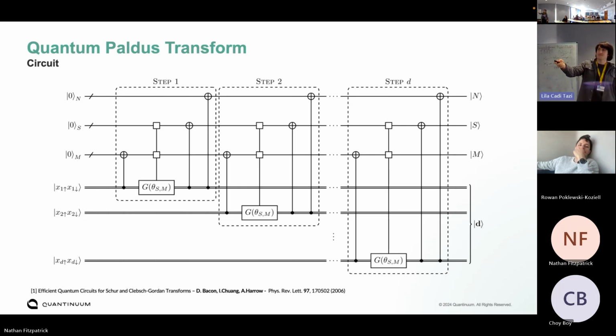You basically add a spatial orbital, and then you apply the correct spin coupling to that indexed on your M, S, and N values. So I'll explain what all these components are in a second, but you can see that it's a recursive algorithm. By adding a spatial orbital, you just apply the right spin coupling.